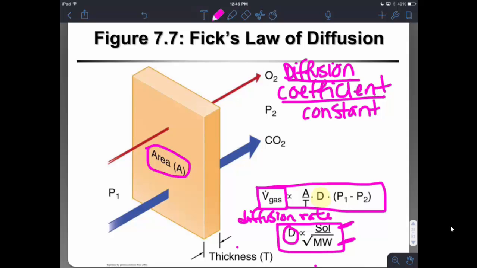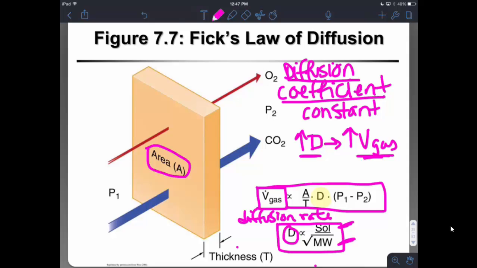So basically, if you have a higher diffusion coefficient, you're going to have a faster diffusion rate. It's advantageous to be more soluble and to have a lower molecular weight. That's going to raise the diffusion coefficient and allow the gas to diffuse faster.